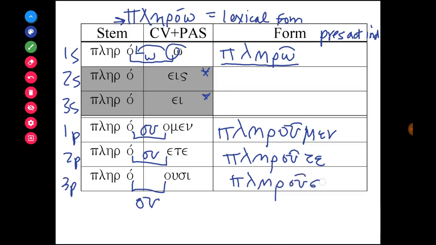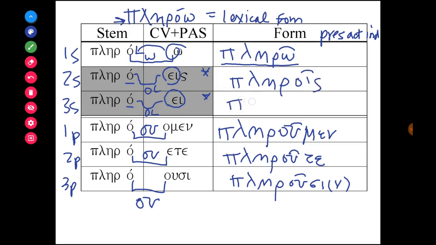And omicron a stem vowel and you add to it the A diphthong here, non-intuitively it becomes oi. And that's just something that, a rule that you memorize. So to say you singular are completing, are fulfilling, it's plerois.